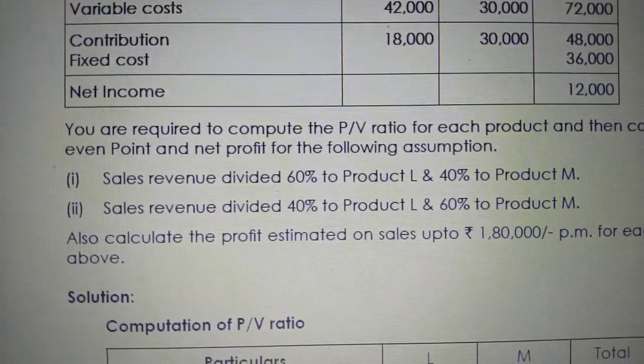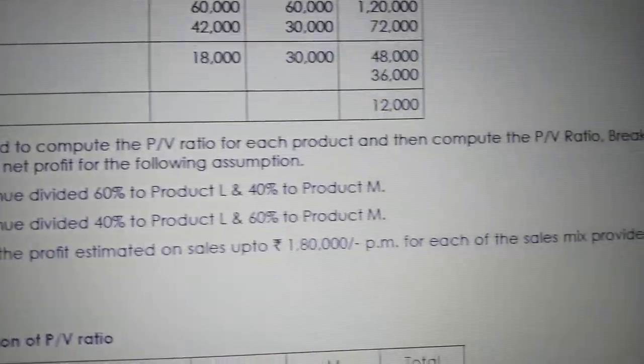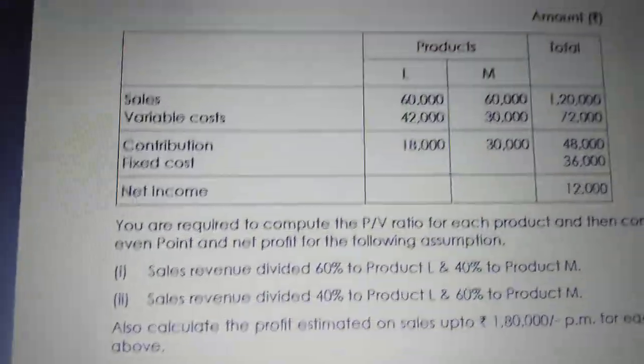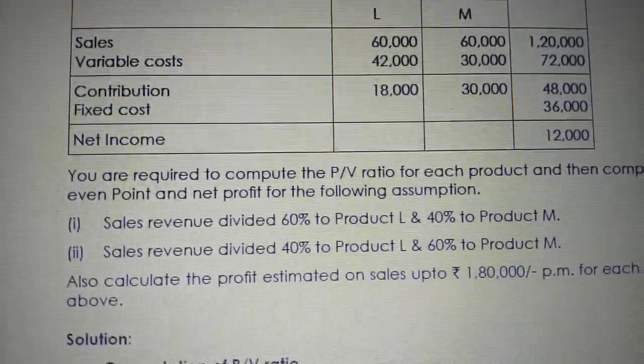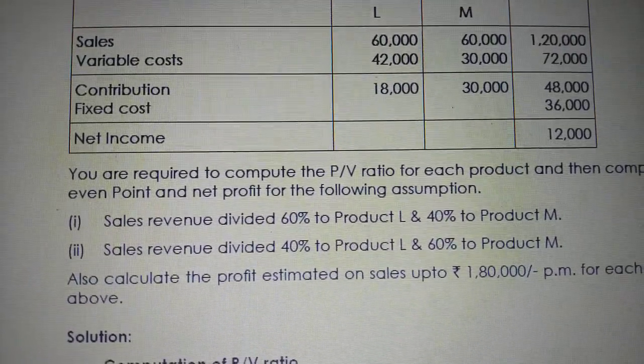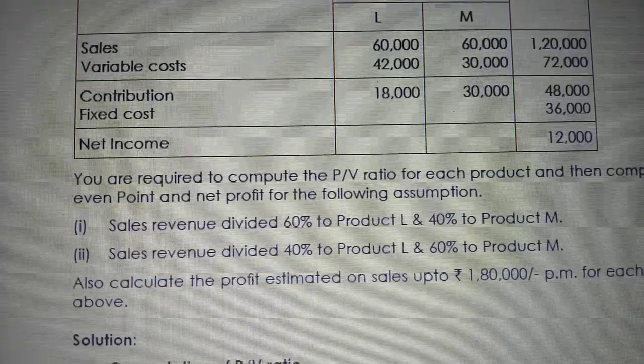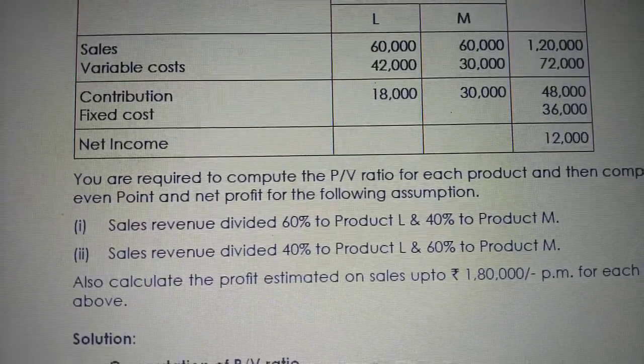Also calculate the profit estimated on sales up to 1,80,000 per month for each of the sales mixes provided above. So they are asking for 1,80,000 per month. If I want to generate a profit, then what is my desired sale? Desired profit plus fixed cost divided by PV ratio equals desired sales, correct?